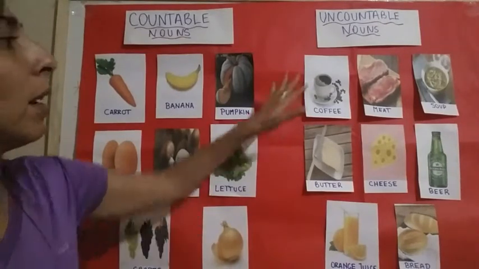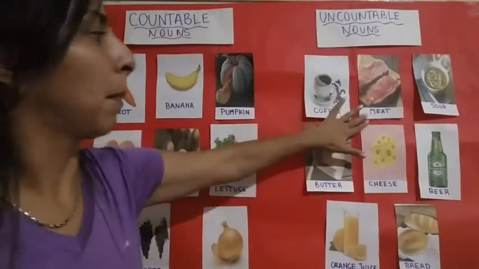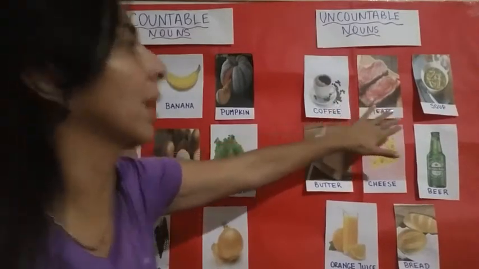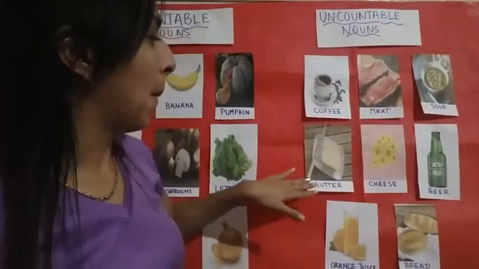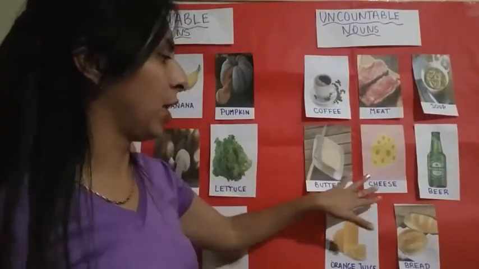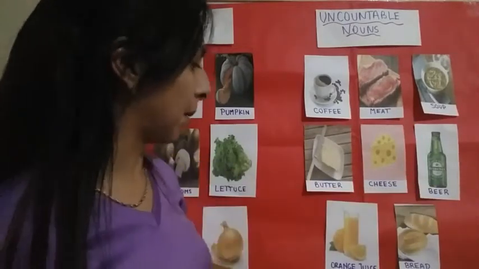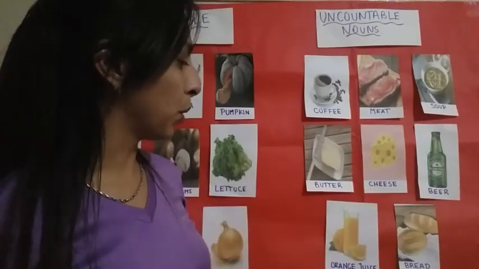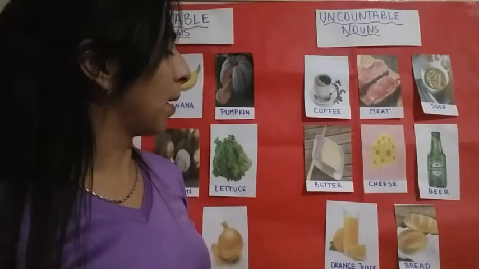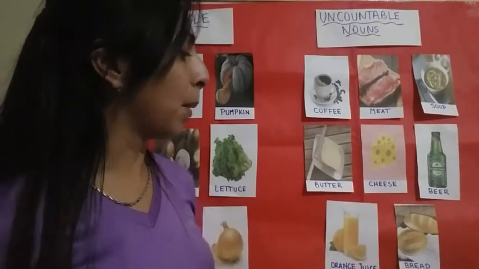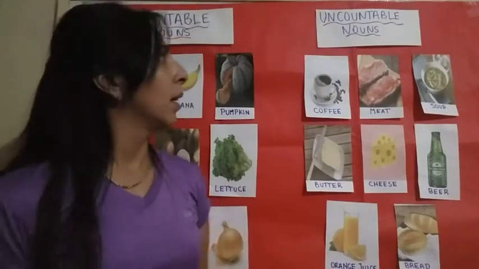But uncountable nouns are coffee, meat, que es la carne, soup, la sopa, butter, la manteca, cheese, el queso, beer, la cerveza, orange juice, que es el jugo de naranja, and bread, que es el pan.